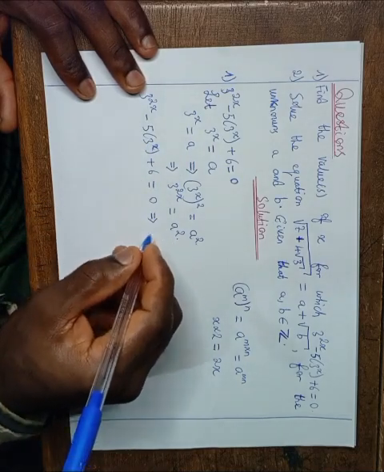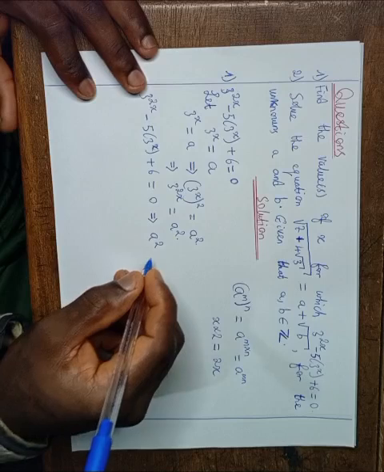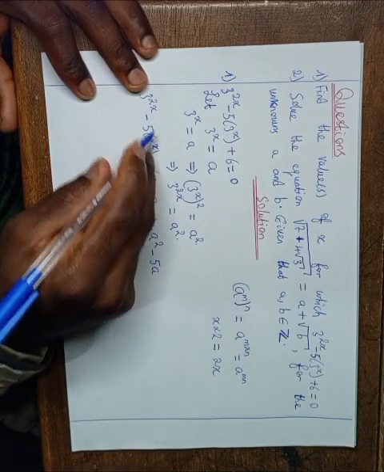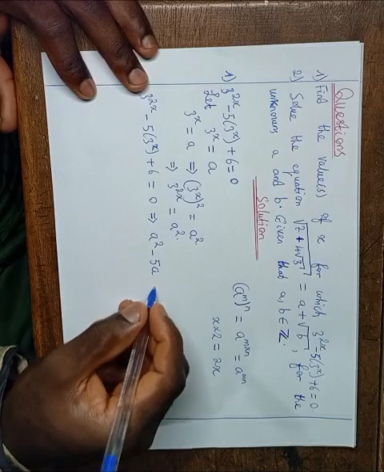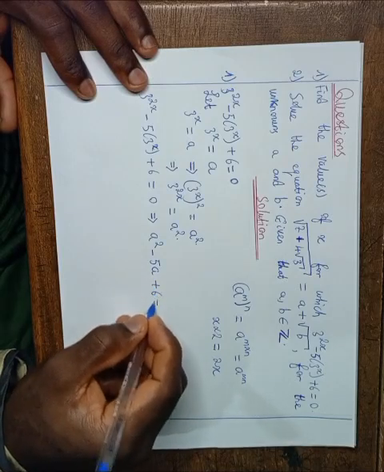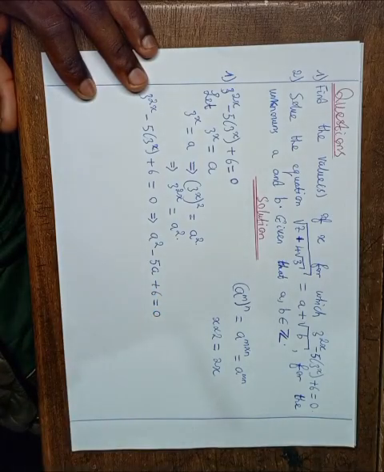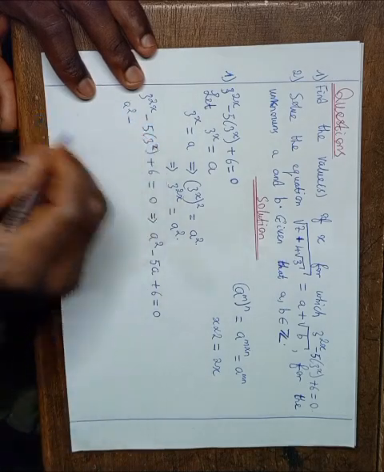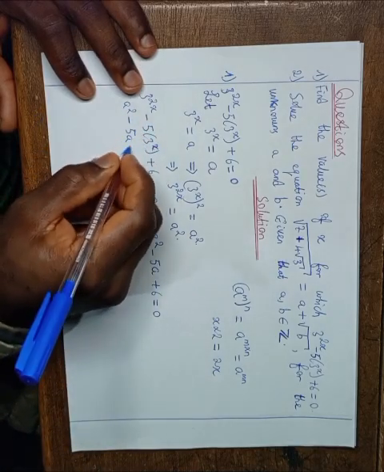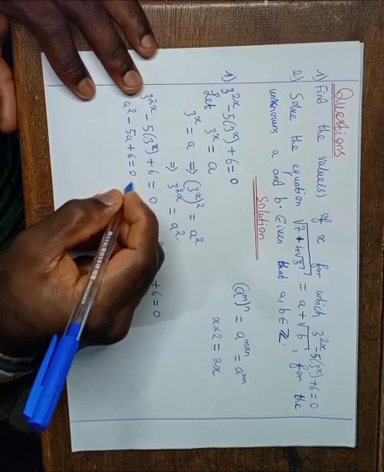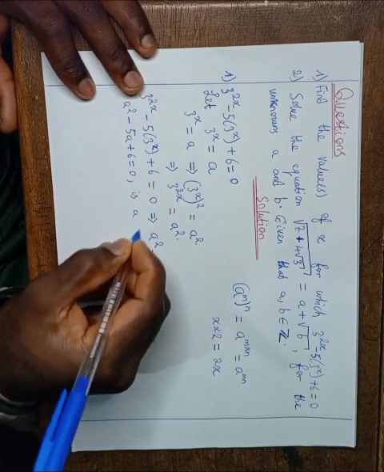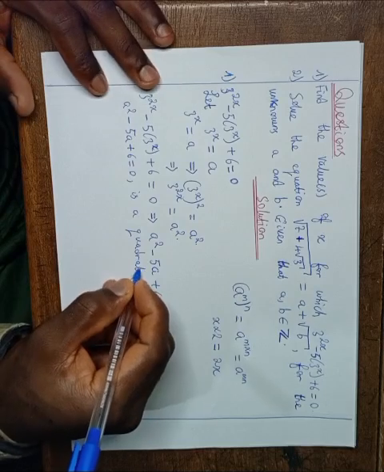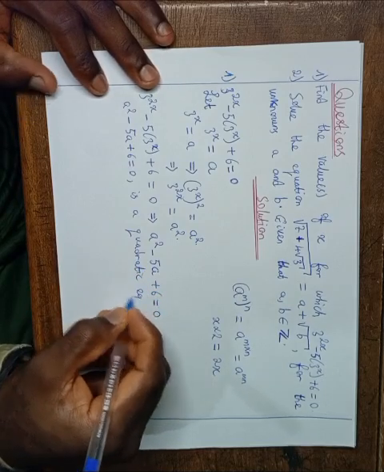This will give us a squared minus 5a, replacing this with a, plus 6 is equal to 0. This equation, a squared minus 5a plus 6 equal to 0, is a quadratic equation.